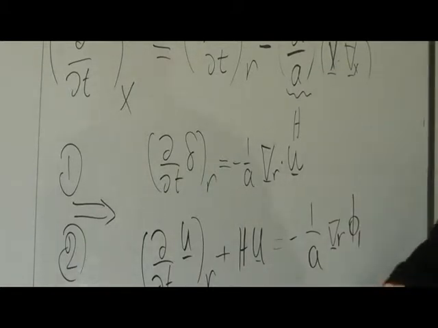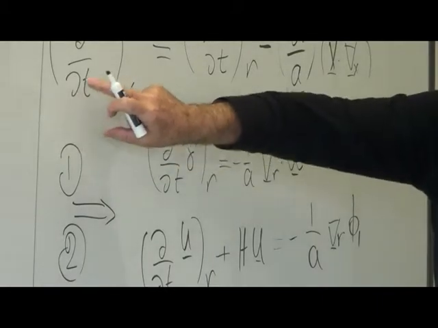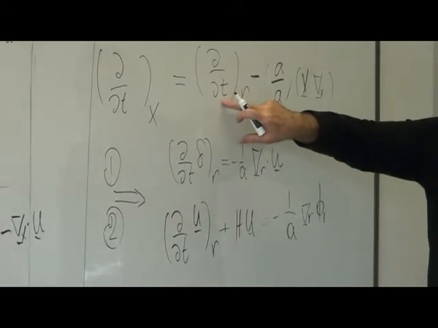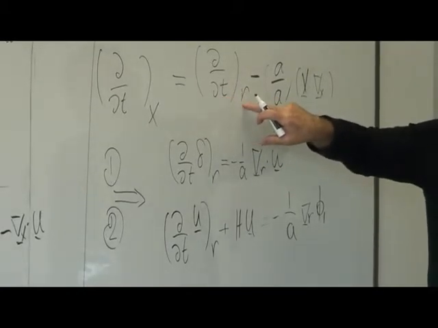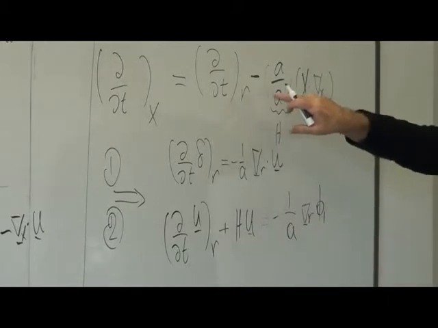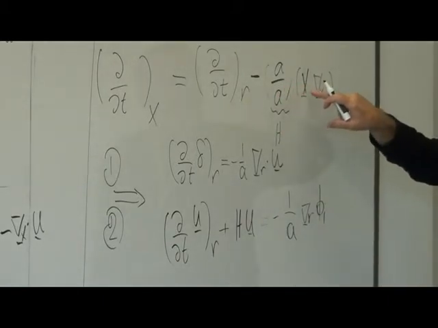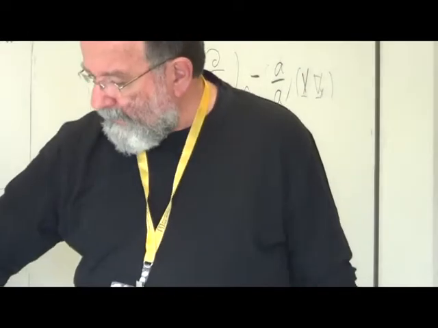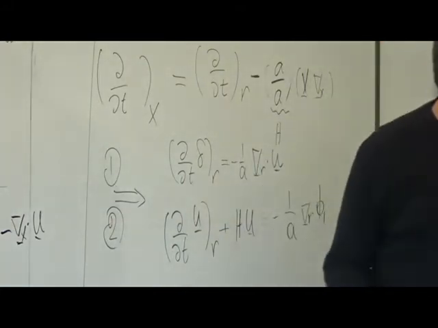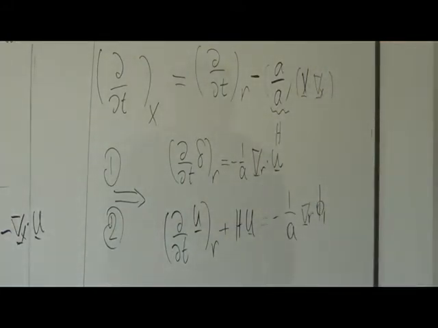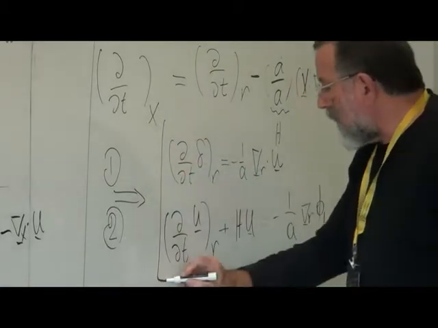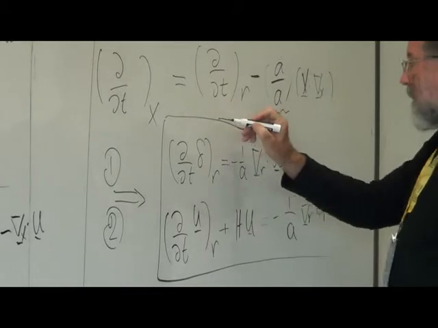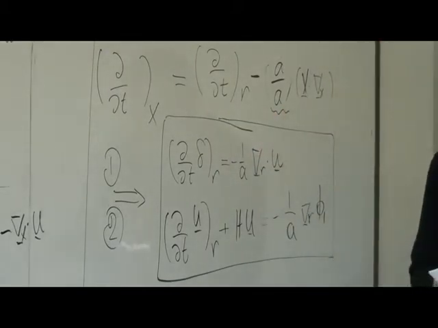So you see that the partial derivative d by dt when you keep x constant gives this d by dt when you keep r constant, minus h naught times x dot gradient. Here it's with a minus, and there with a plus, so you get rid of this term altogether. So these are the two equations that we are obtaining.